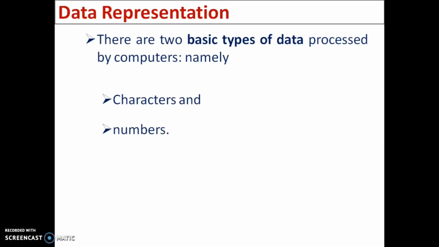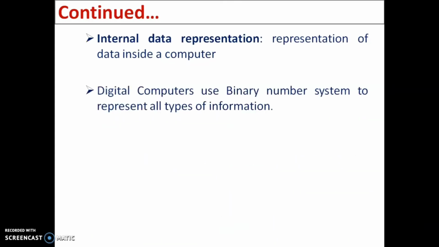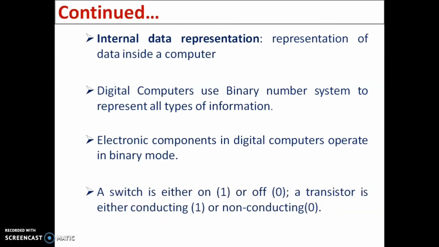You might be curious how these characters and numbers are represented as binary data, 0 and 1, internally inside a computer. Computers understand the binary number system because the electronic components in a digital computer operate in a binary mode, zeros and ones.